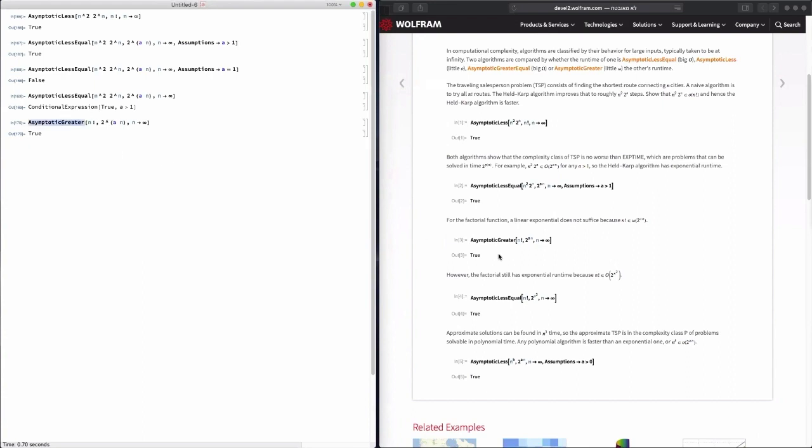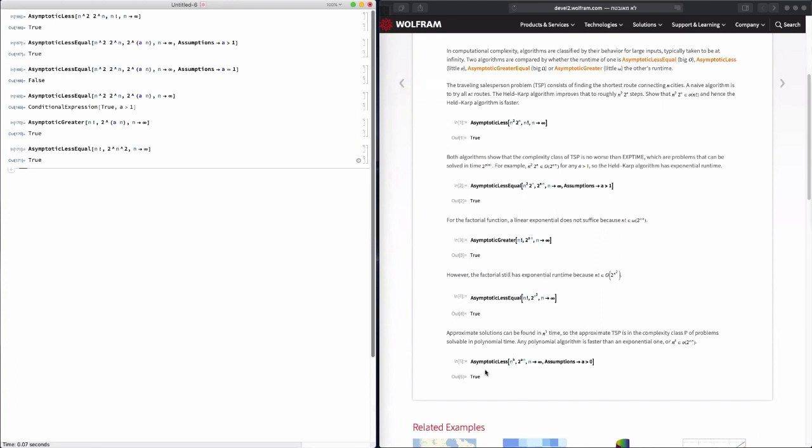So this is little omega here. But since X-time allows polynomials in the coefficient, you can just compare n factorial with 2 to the n squared, and that gives you true. So n factorial is big O of 2 to the n squared.